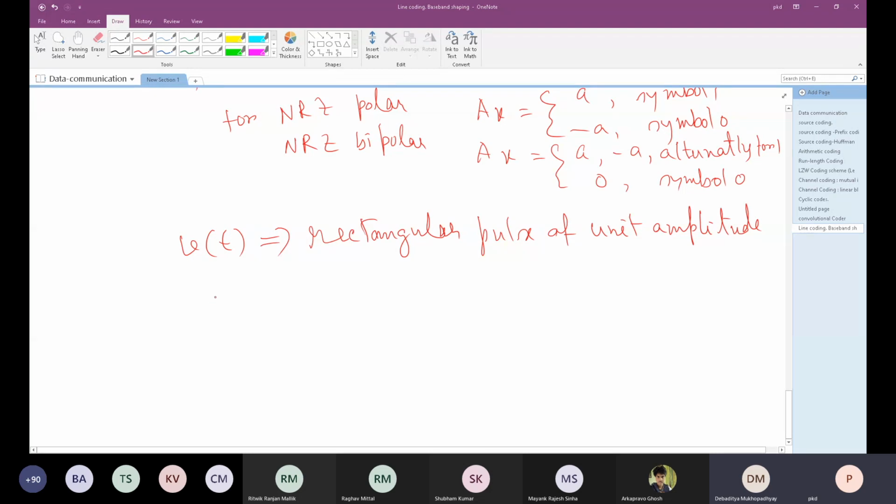So for the time being, let us assume it is a rectangular pulse of unit amplitude. So T_B is the duration, therefore we can define the bit rate R_B equal to 1 by T_B, or T_B equal to 1 by R_B.